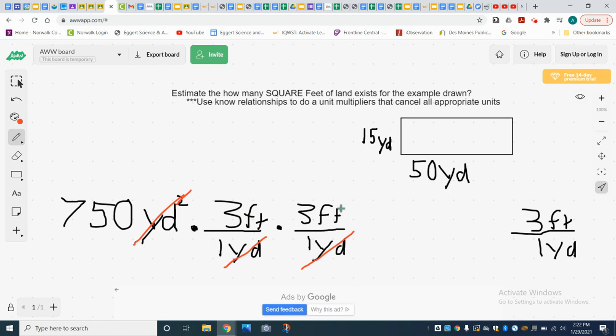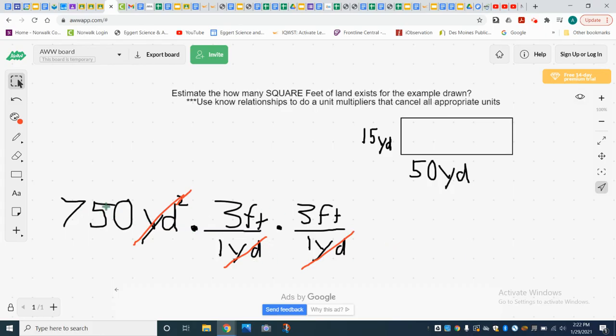If you go back to the instructions, it said estimate how many feet squared for this piece of land. Well, now that we're in feet squared, that's our signal to stop and do the mathematical work. Remember, when you do mathematical work here, you multiply across the top numerators, and then you multiply across the bottom.